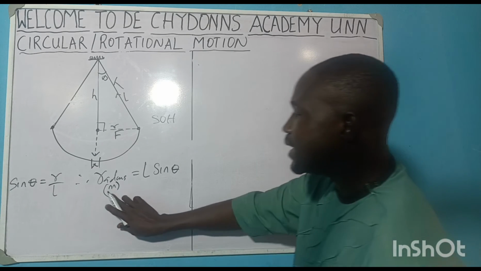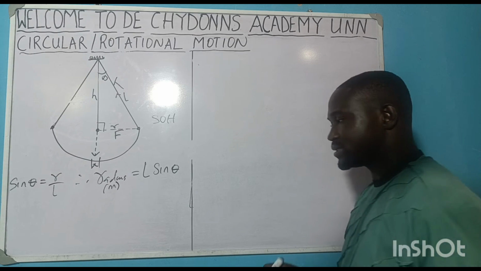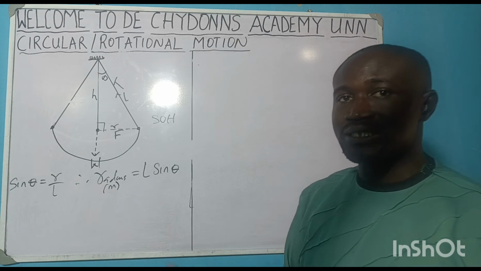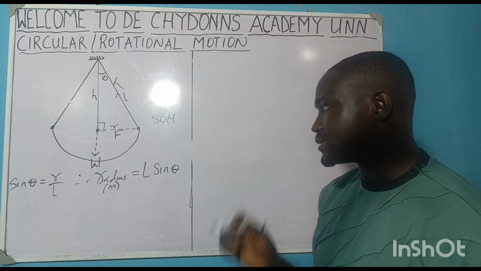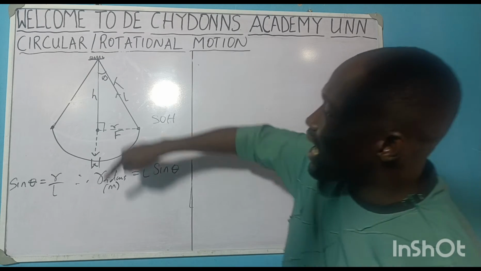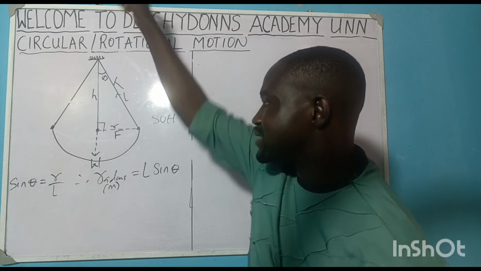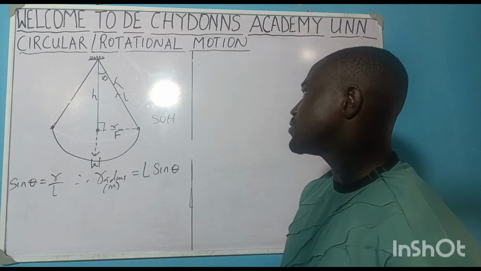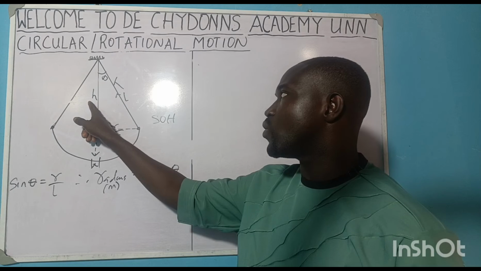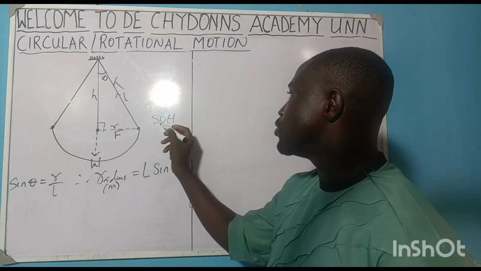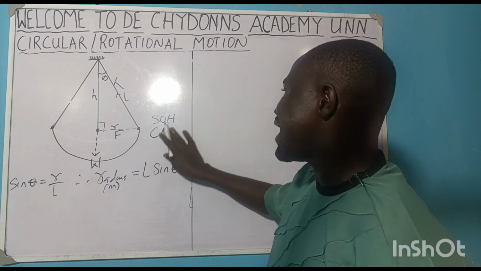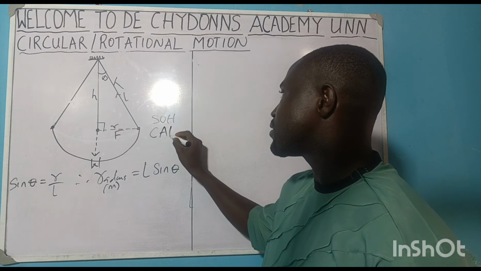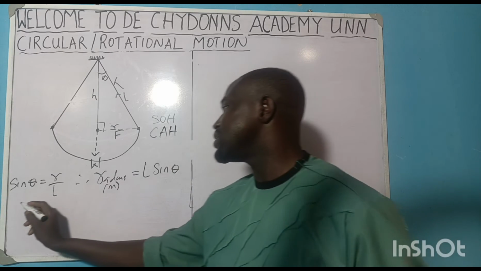The SI unit is meter, but other units can be centimeter, millimeter, and others. Then what if they are asking you for the vertical height? To get the vertical height, check what connects this vertical height to the diagram we have. Let's check CAH.